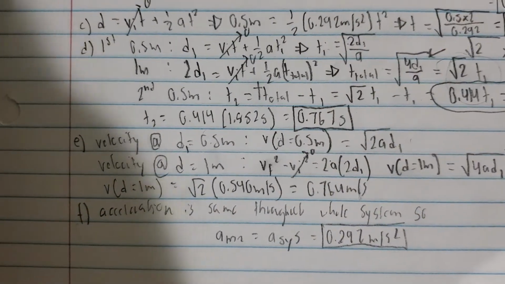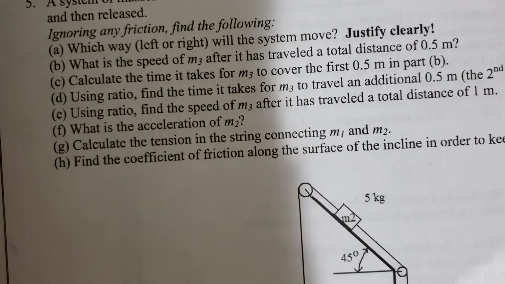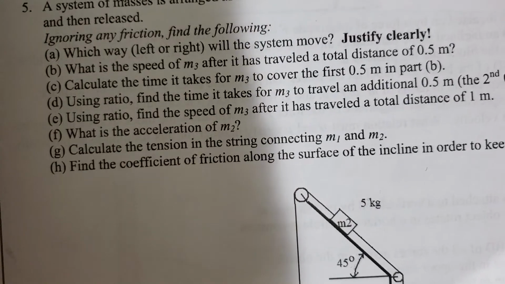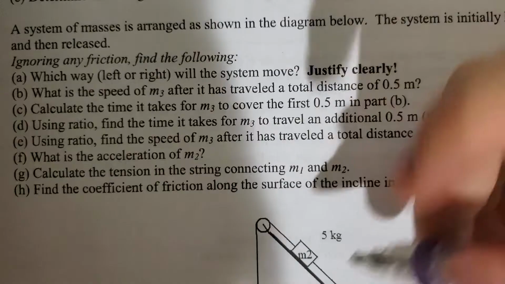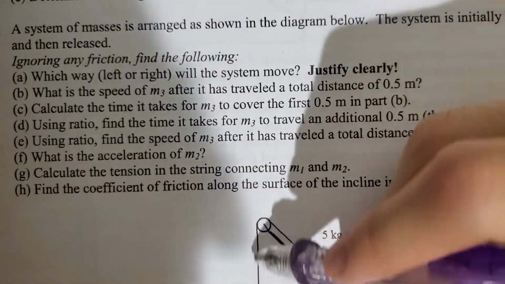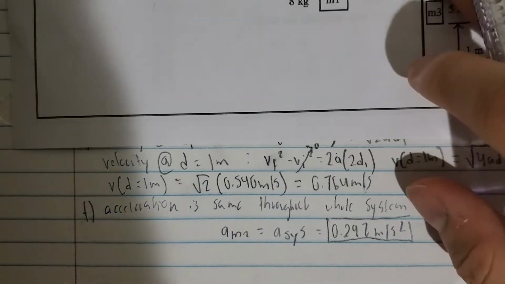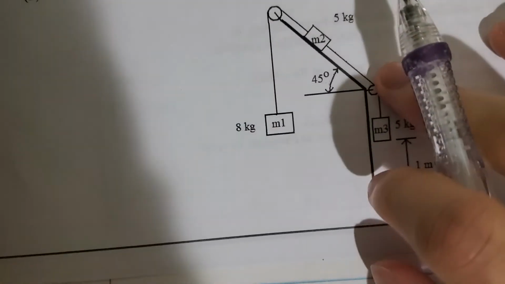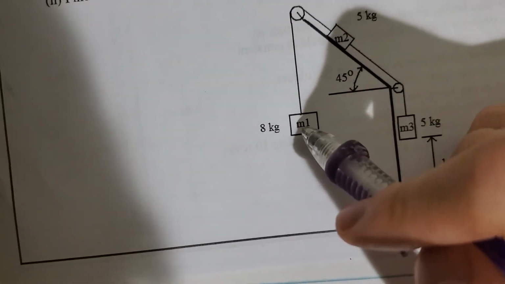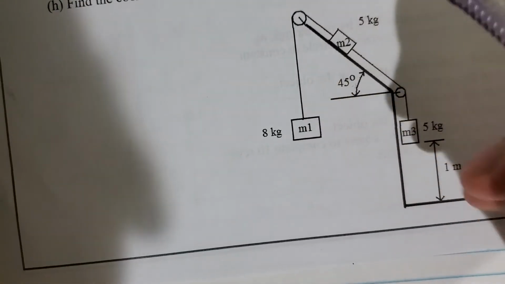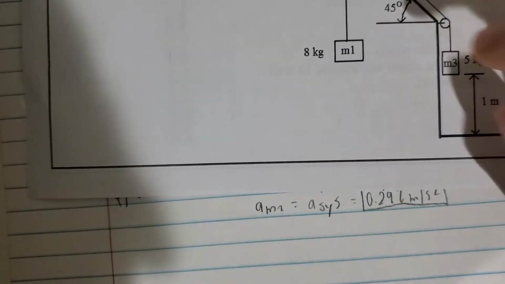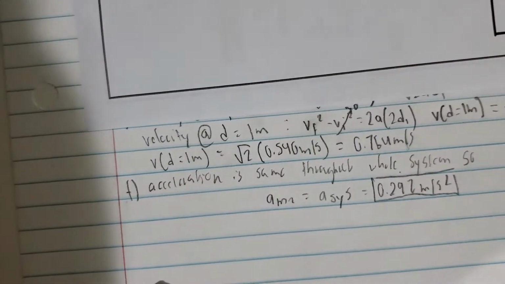Now part G wants us to calculate the tension in the string connecting M1 and M2. So basically this thing right here. To do that, I'm going to focus on the forces acting on M1 and use Newton's second law to help me find the tension.